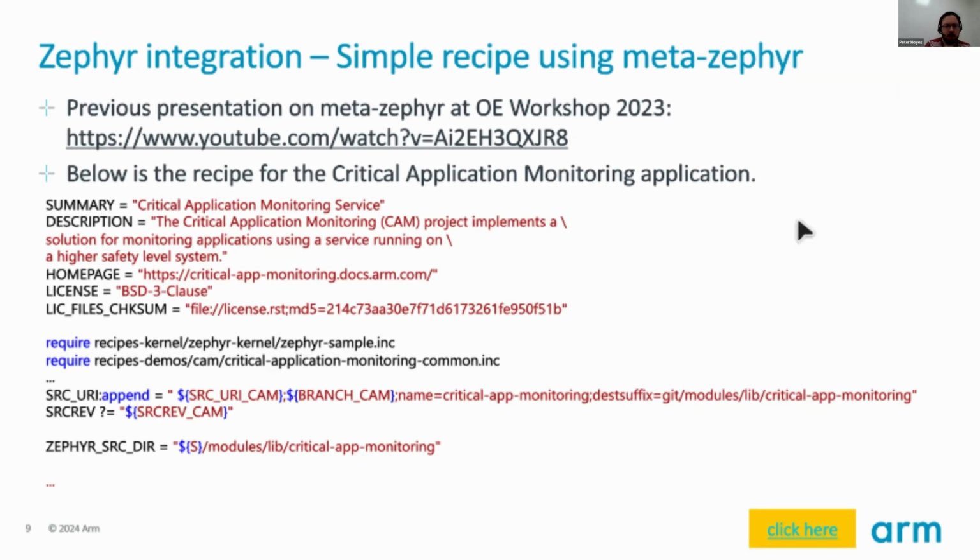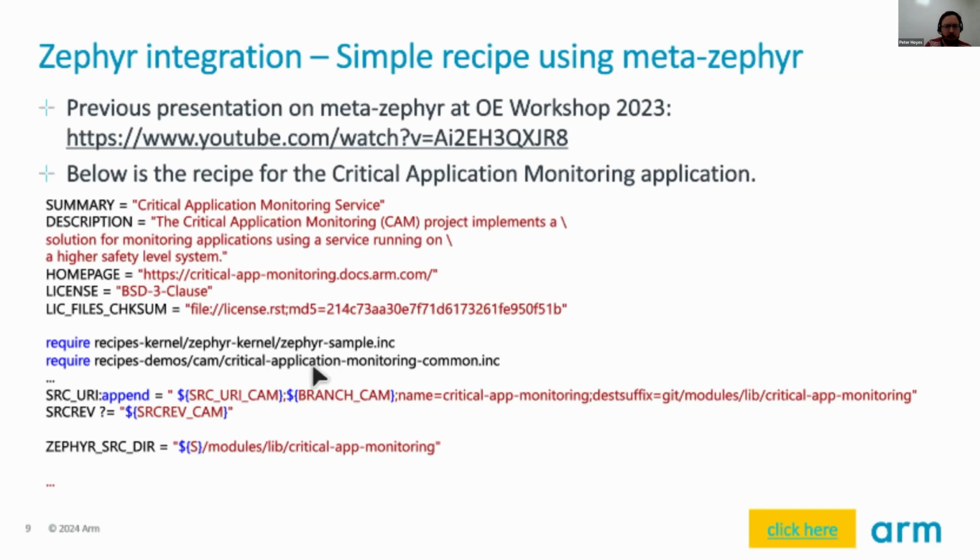So this is the recipe here for what we call the critical application monitoring application, which lives in a separate repository. And this is to demonstrate how simple it is to build a Zephyr app using Yocto.